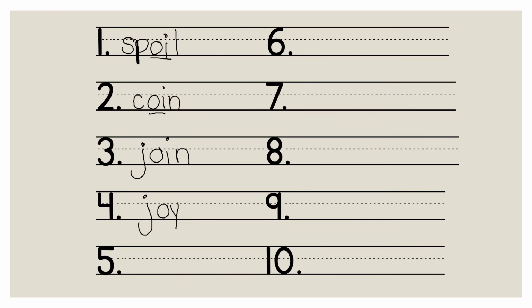Number 5 rhymes with joy. It is the word toy. Toy. T and then an O, Y. Toy. Number 6 spelling word boy. Joy, toy, boy. They all have the same rhyming pattern.